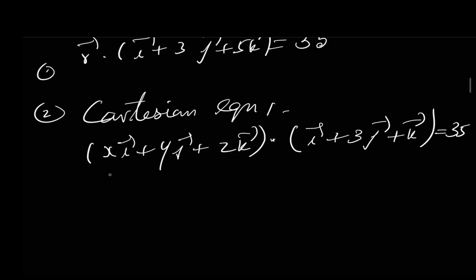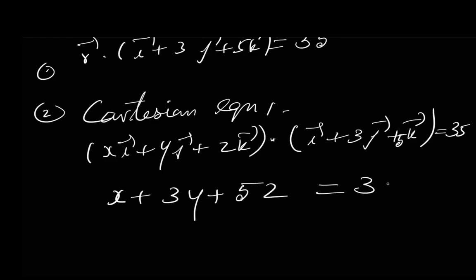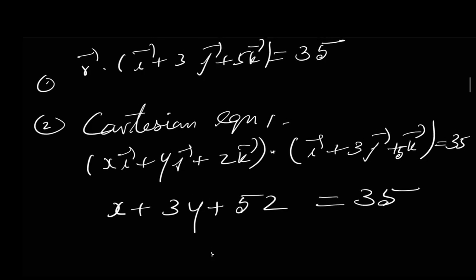Just take the dot product. So 1 into x plus 3y plus 5z is equal to 35. So this is the Cartesian equation of the plane passing through a point and normal to the vector.